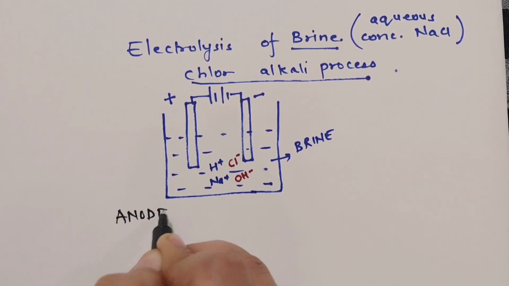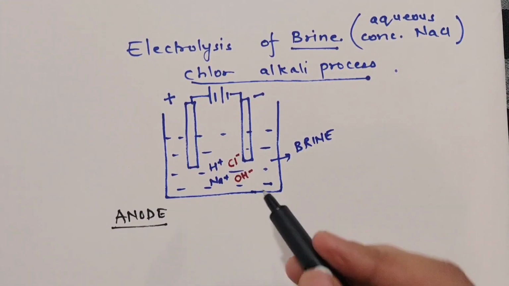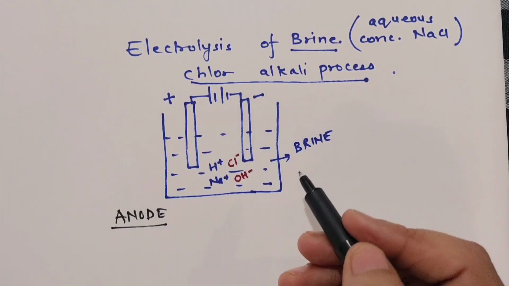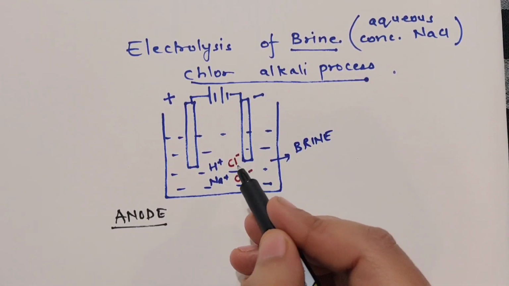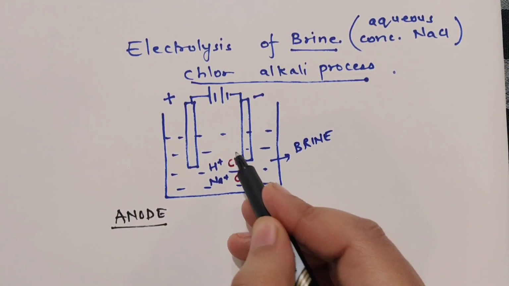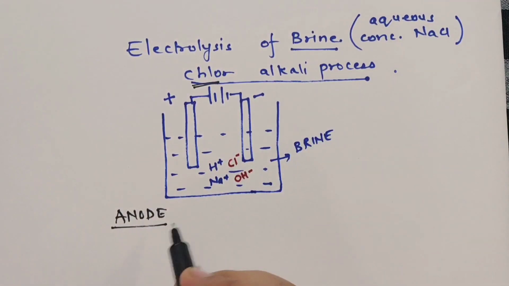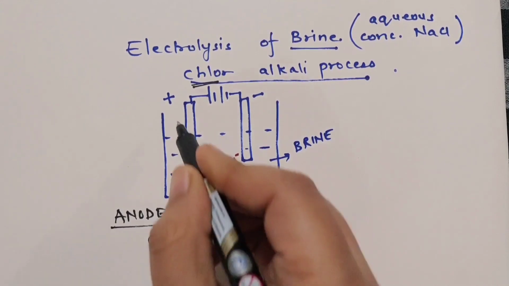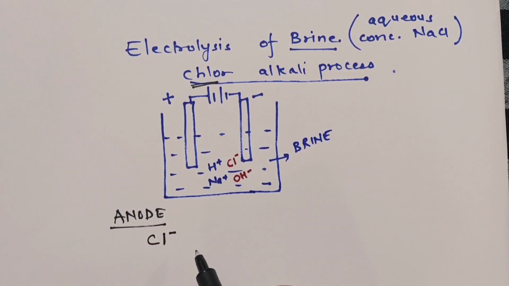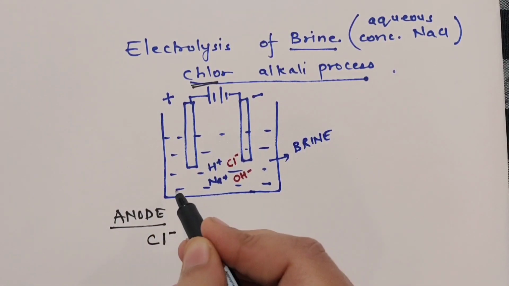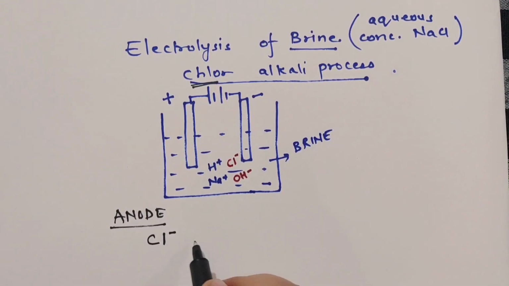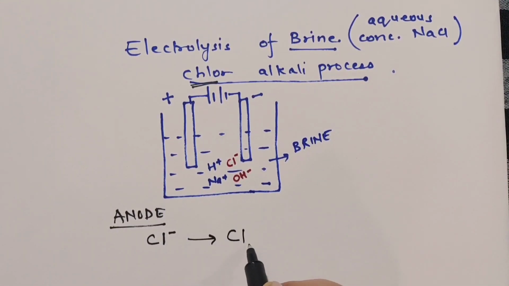So let's discuss. The product at anode, anions which are going to the anode, chloride and hydroxide. Chloride would go to the anode because the product is chlorine, so it's easy to remember. So chloride will go to the positively charged electrode, will lose its electrons to it, and will form chlorine gas.